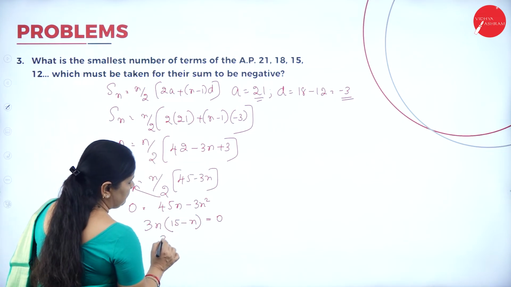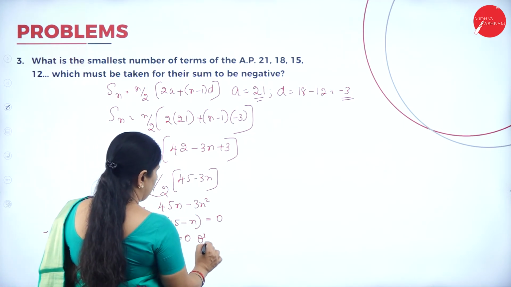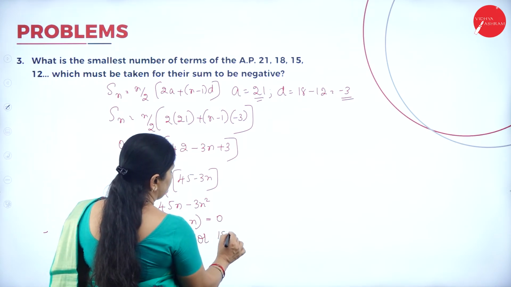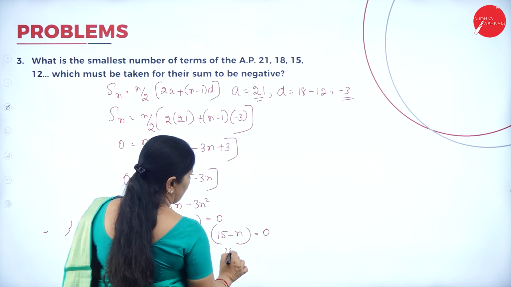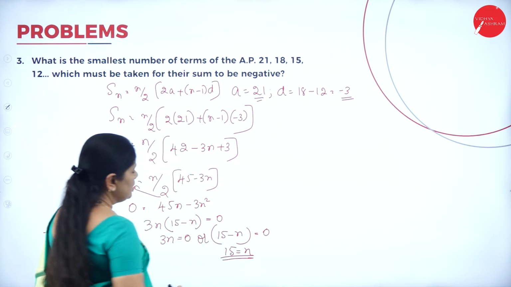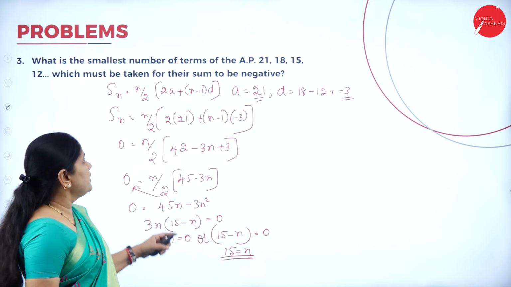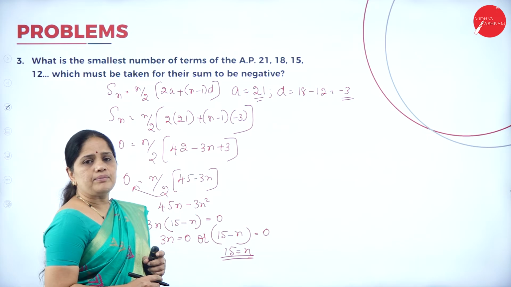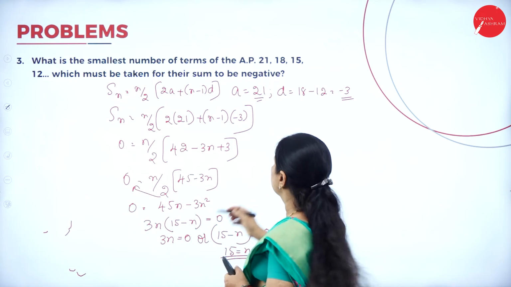So the next step will be 3n equals 0 or 15 minus n equals 0, or 15 equals n is the answer. So n can be either 0 or n can be 15, so that the sum will be negative.